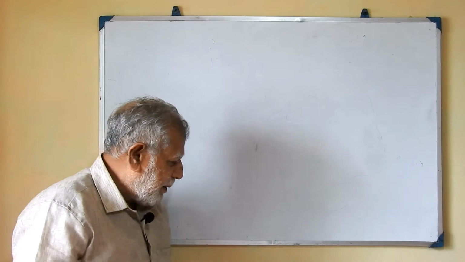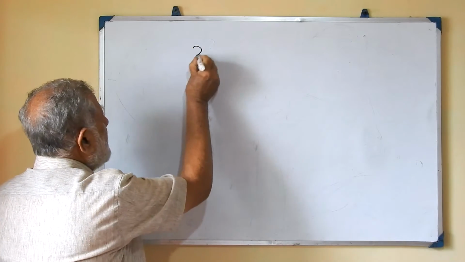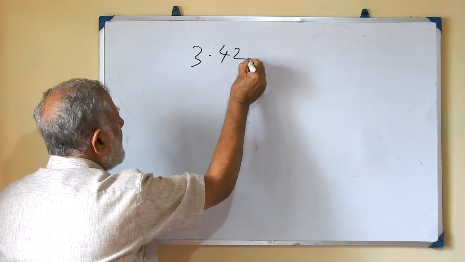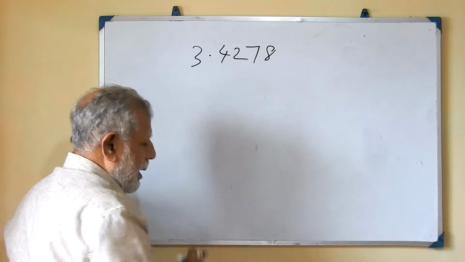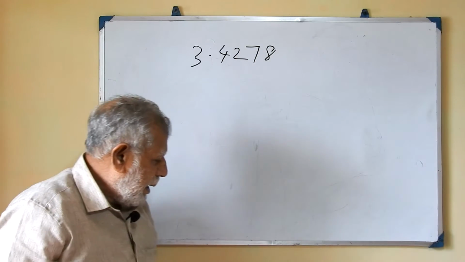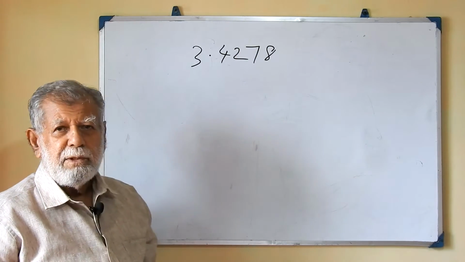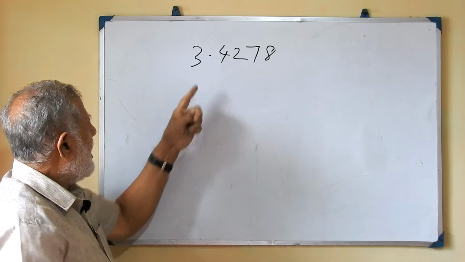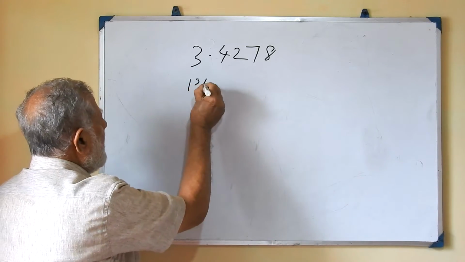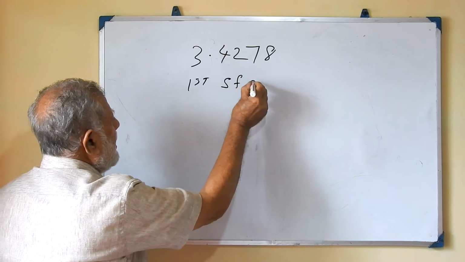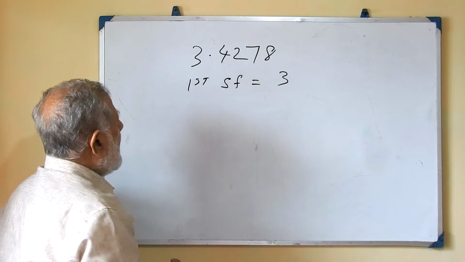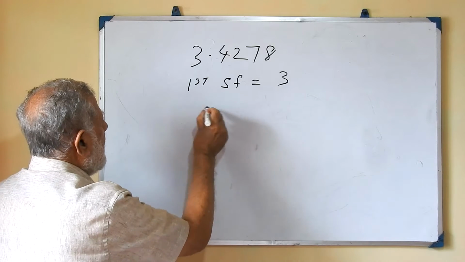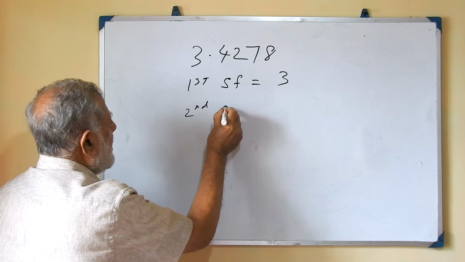So we will take an example. Supposing we give a number like this, 3.4278. If we are asked to give the answer to the first significant figure, the first significant figure is this 3. So the first significant figure is equal to 3. The second significant figure will be 3.4 as usual.